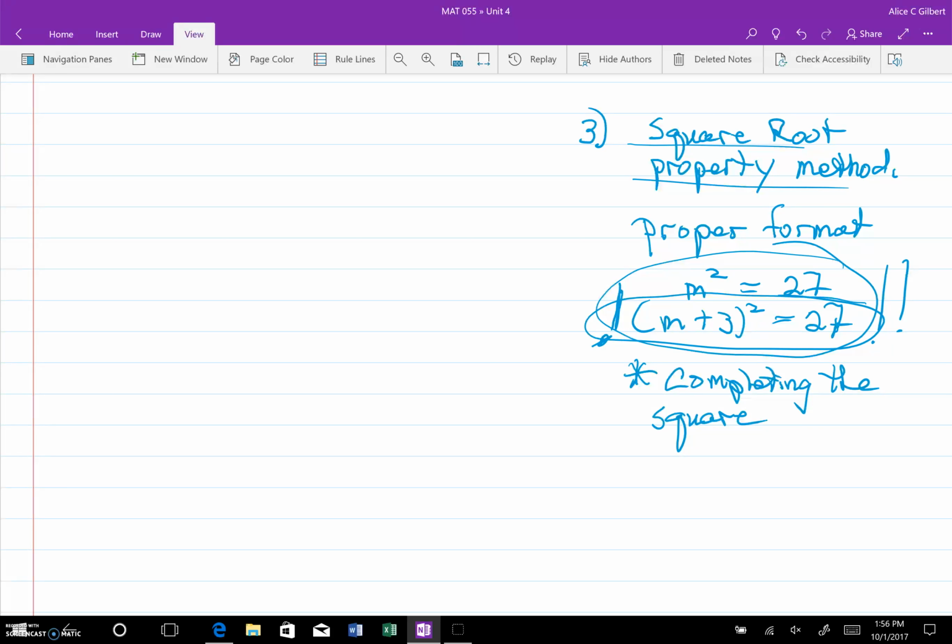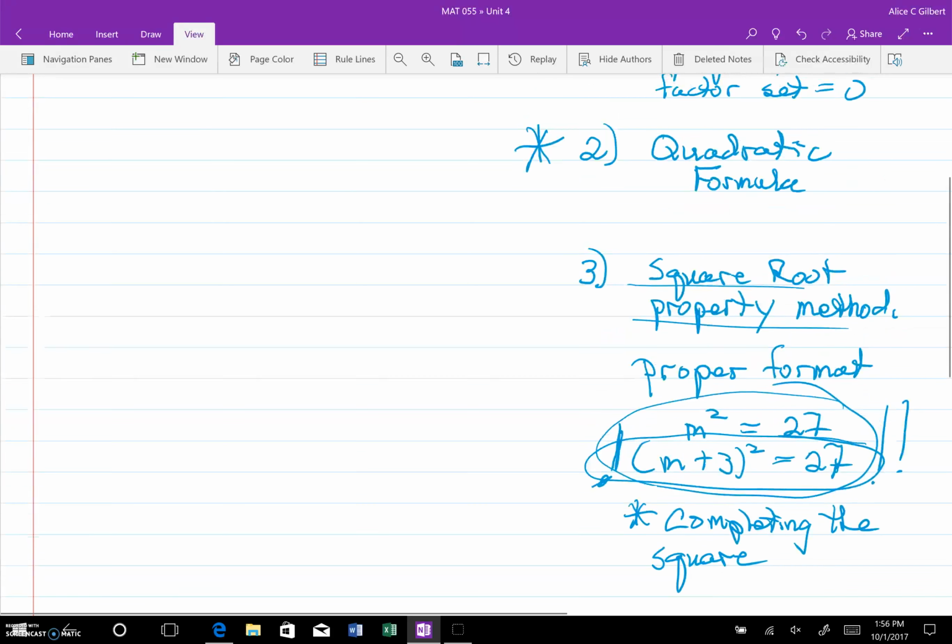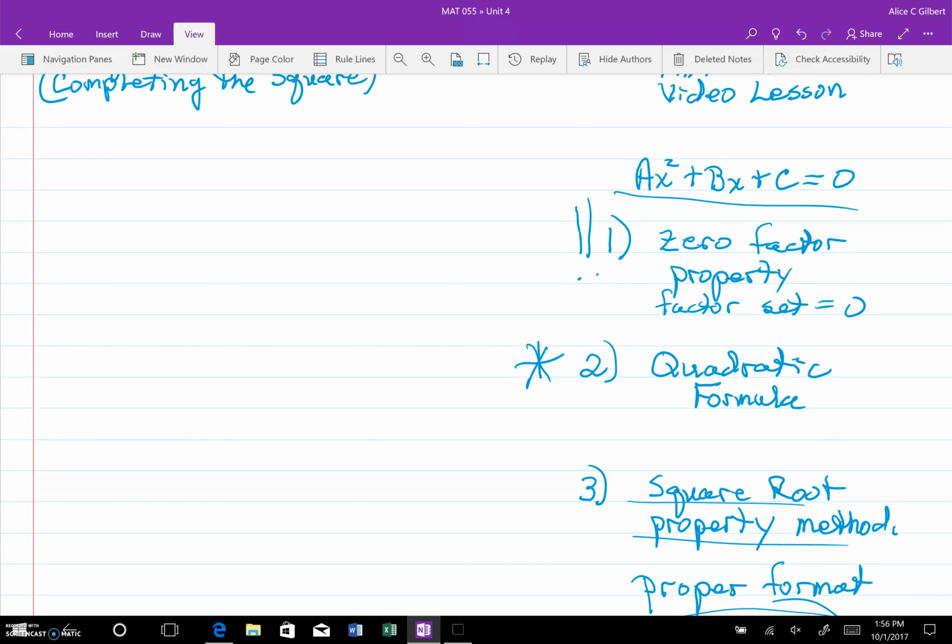So that's what I'm going to be showing you right now, how to do this. So we want to look at all of these examples I'm going to give you so that you get a real clear understanding of how to do this. And one of the things that I do here is 2 steps at once. So be sure you're understanding how to do these 2 steps at once.